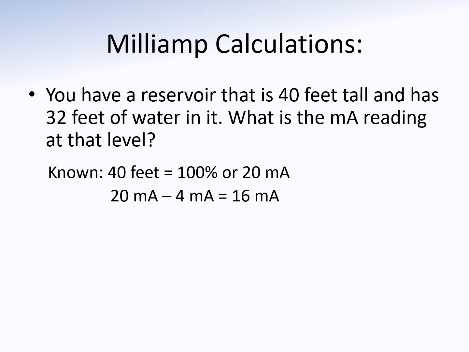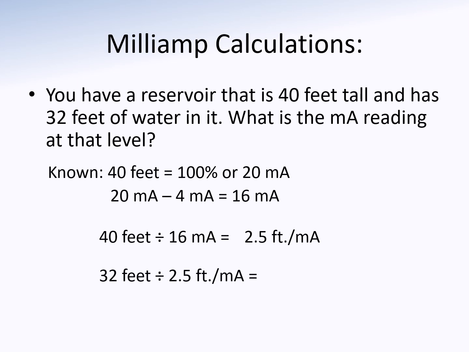If we take 40 divided by 16, we know that we have 2.5 feet per milliamp. Take 32, divide that by 2.5 feet, and you're left with 12.8 milliamps. So 32 feet equals 12.8 milliamps on that 4 to 20 milliamp scale.